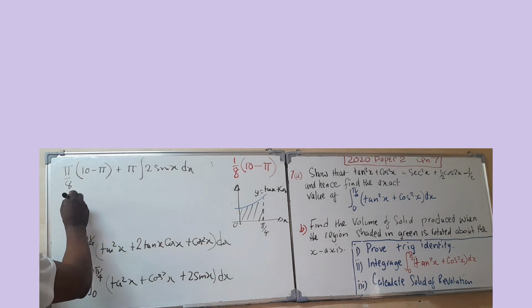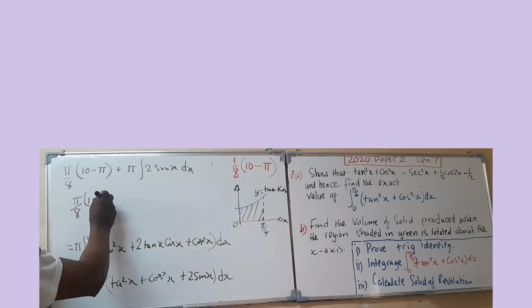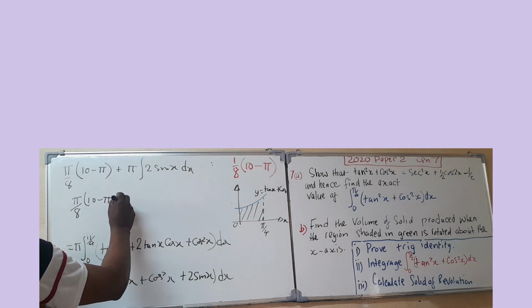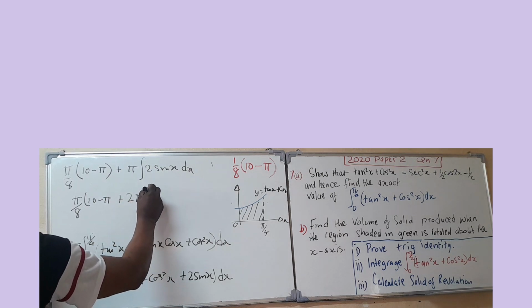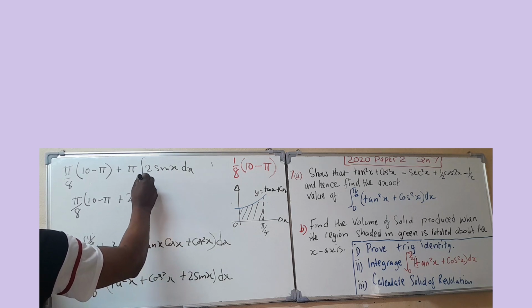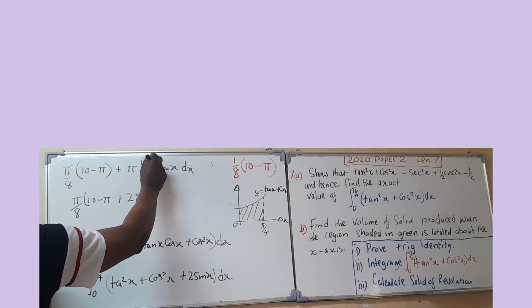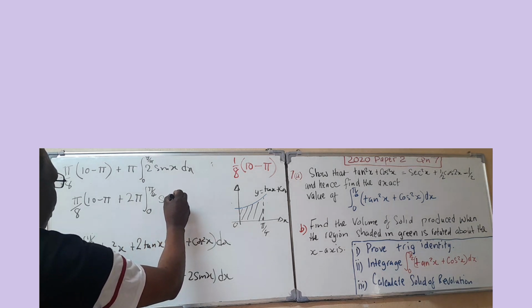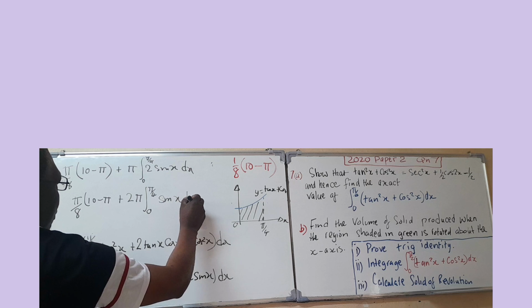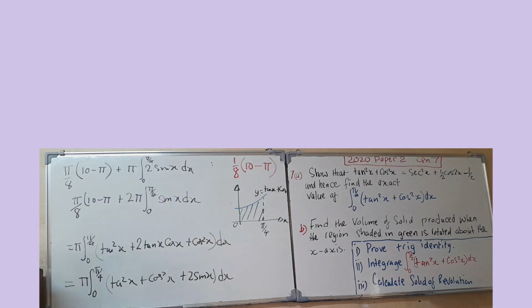So it becomes pi over 8, 10 minus pi plus 2 pi integral from 0 up to pi over 4 of sine of x with respect to x.